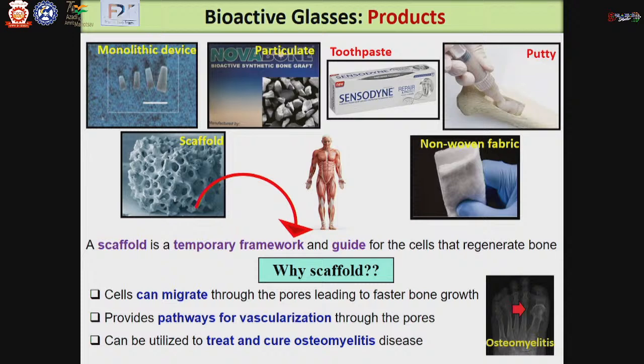Through the pores of the scaffold, cells can easily migrate, and it provides sufficient pathways for vascularization so that new blood vessels can form through these pores, leading to faster bone growth. It can also be used for treating osteomyelitis, which is a bone infection, and it can be cured by using these scaffolds.